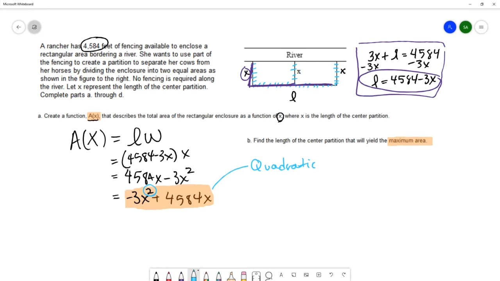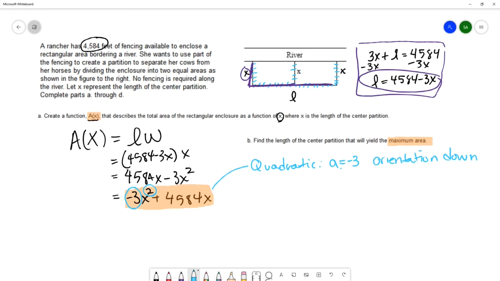It's a quadratic function because of this squared. Now with quadratic functions, you can tell the orientation of the graph, which is a parabola, by looking at the leading coefficient. The leading coefficient for this quadratic is -3. And because it's negative, I know that the orientation is down.